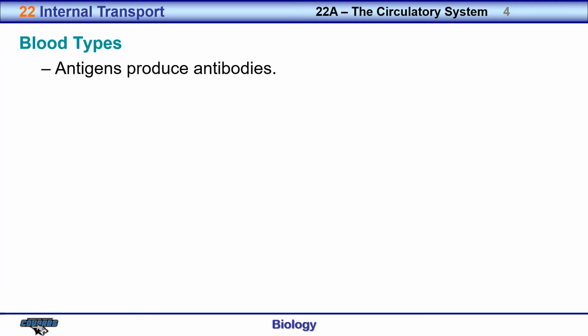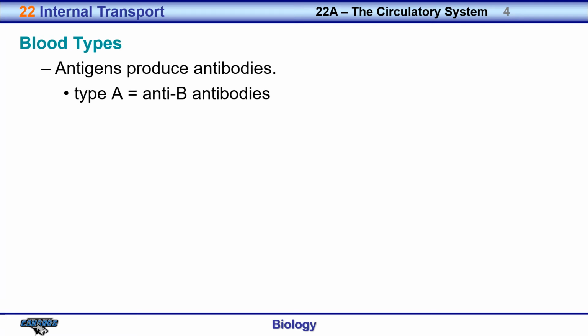So antigens, as we said a little bit earlier, produce antibodies. And these antibodies are of the type that are against any antigen that they don't possess. So if you are type A and you have an A antigen but not a B, that A antigen will stimulate the body to produce anti-B antibodies.